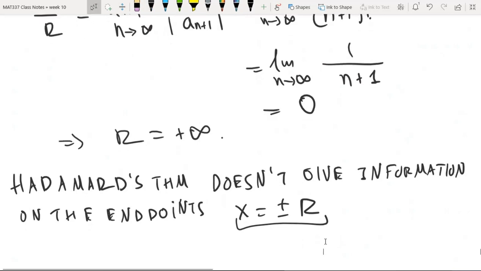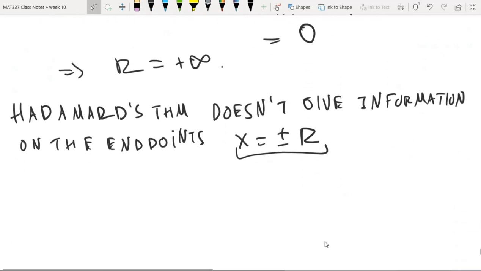So let's do some examples to see that you can have divergence and convergence at the endpoints. Let's do that one first. I want to show you why.